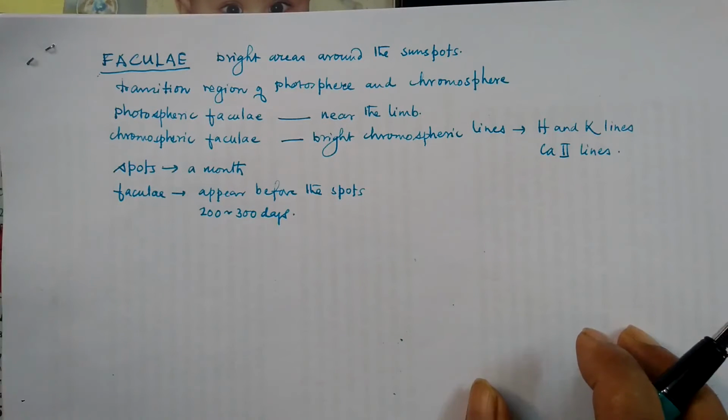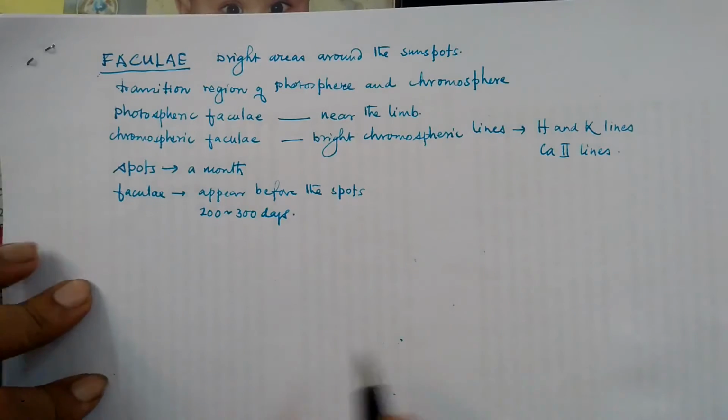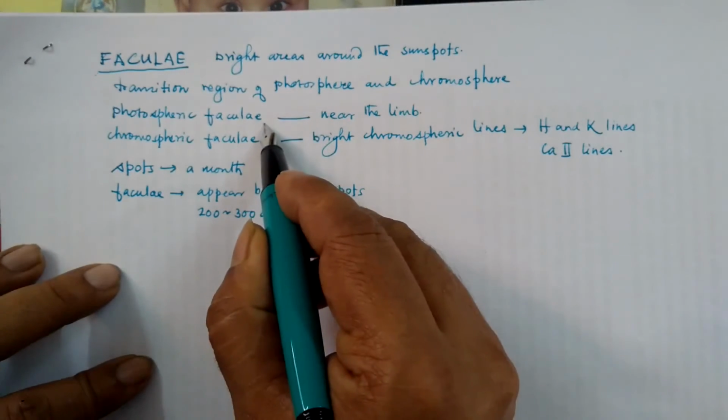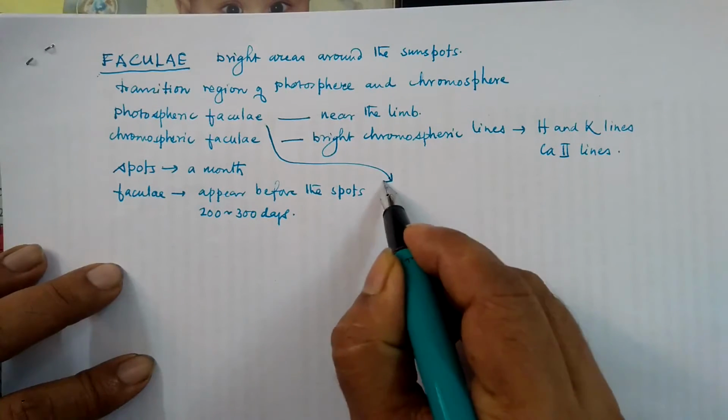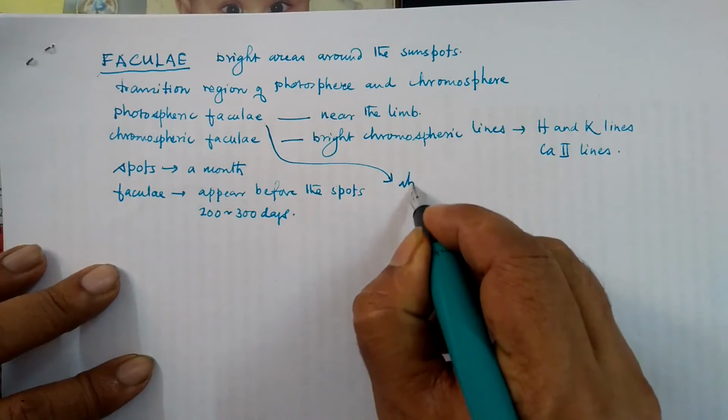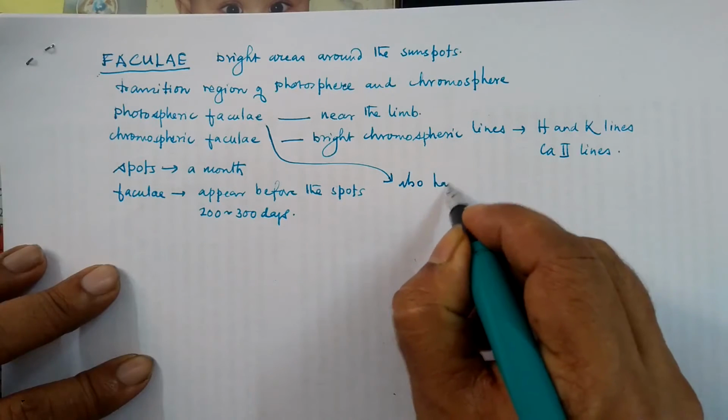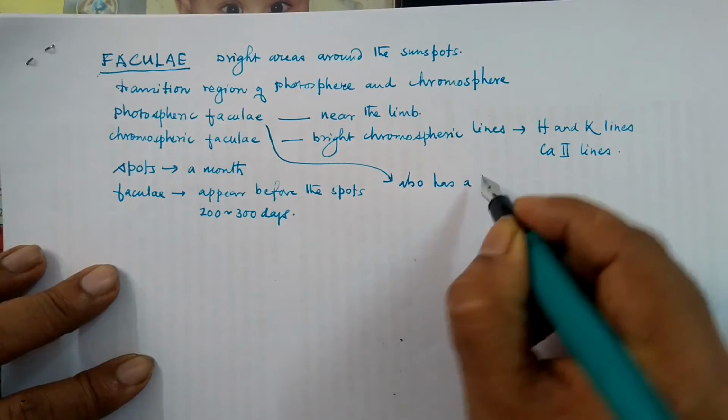And just like the granular structure of the photosphere, the photospheric faculae also have a granular structure.